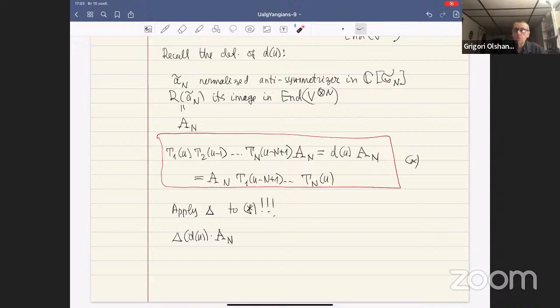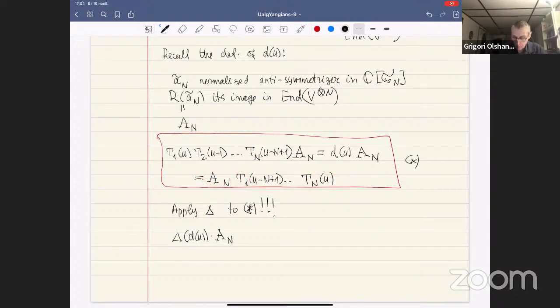It is applied only to the Yangian terms and not to the endomorphisms of our space, so it's correct. But next, look at this first. So what we get after applying the co-multiplication, each term should be written twice.